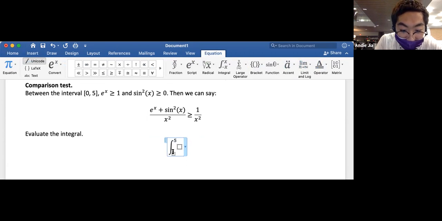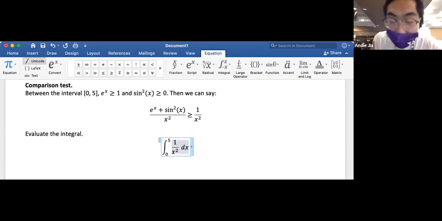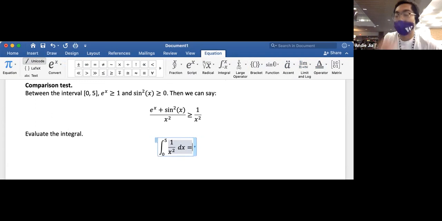The integral from 0 to 5 of 1 over x squared. We set t equal to 0 from the right side, because infinity would just be at the bound, so it's going to be either type 1 or type 2, right?